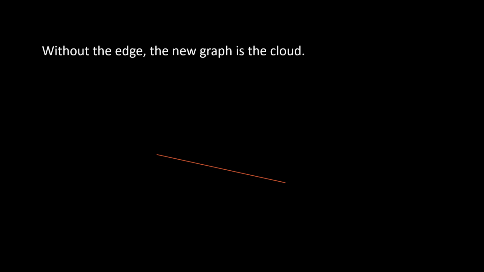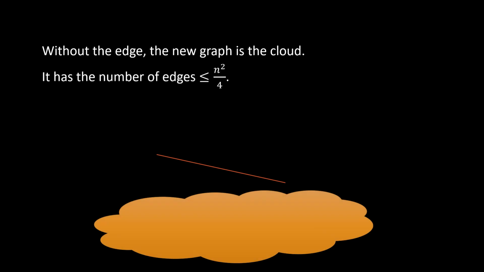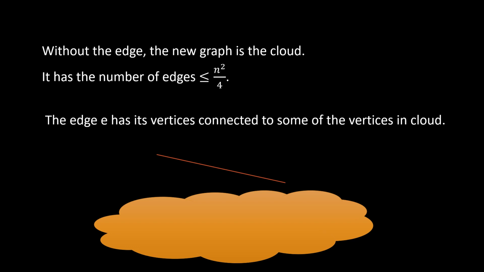Now, without the 2 vertices, there will be a part of the graph left. Let's call that the cloud. It has a number of edges less than or equal to n square over 4 because it is triangle free. Now the edge E has its vertices connected to some of the vertices in the cloud. Let us look at them. It might be like this. Some edges will be there.